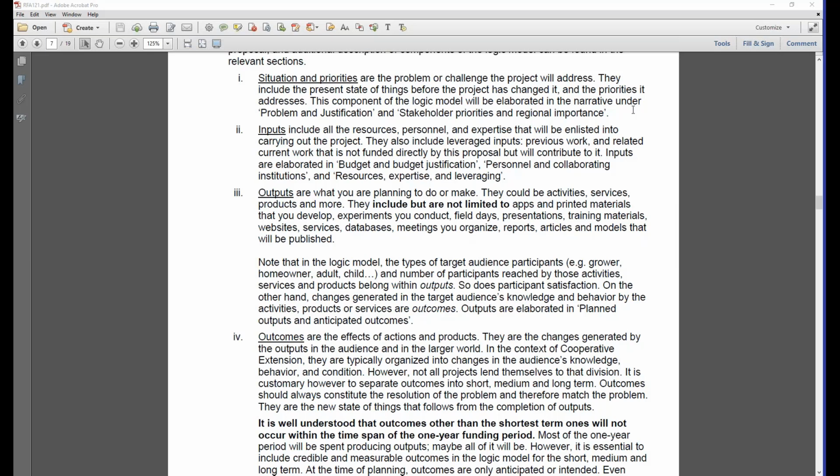Inputs are the things you are going to use: the personnel, the expertise, previous work, this sort of thing. Also some of the resources that would come up in the budget part of the proposal.